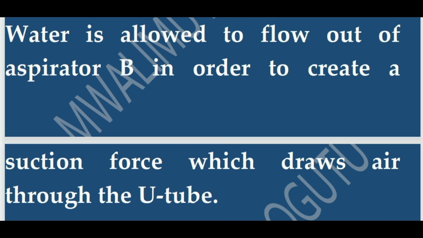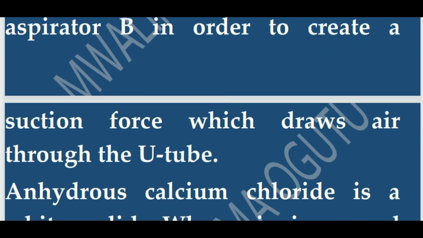This aspirator has a tap, so we are allowing the water to get out of aspirator B so that there is a suction force created in the U-tube. So through the U-tube we have a suction force that now draws air inside to come and occupy the space, the vacuum that has been left inside the aspirator B.